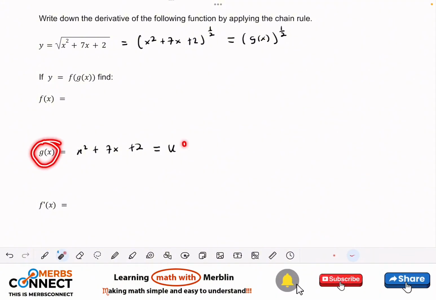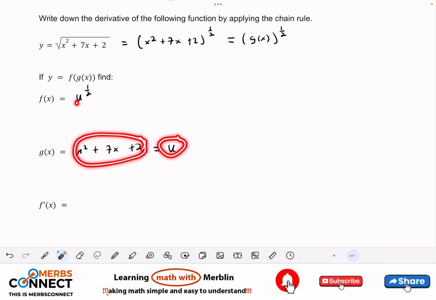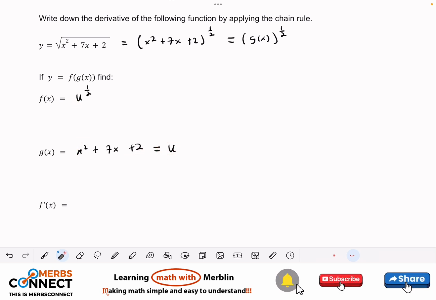This g of x be equal to u, so that now I can change the g of x here to u, which I will write for f of x. So it means that this is going to be u to the power 1 over 2, right? And u here is equal to x squared plus 7x plus 2. So this is the function that I have now.